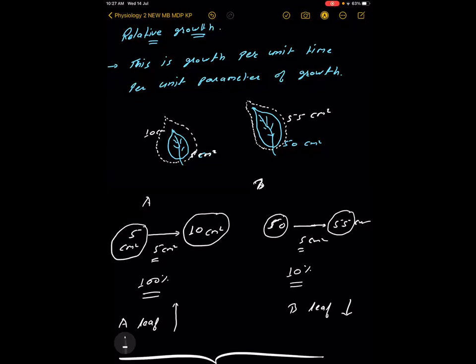Next is de-differentiation. What is de-differentiation? De-differentiation means this mature cell, which is not dividing now, because a mature, differentiated cell has lost its capacity to divide, occasionally regains its power of division, and starts division. These dividing cells become meristematic again.